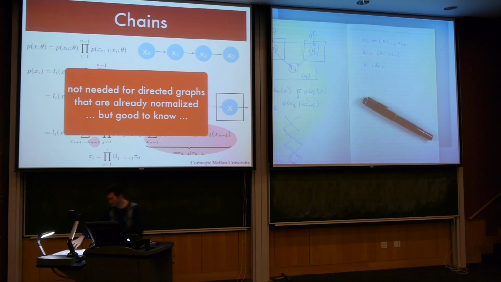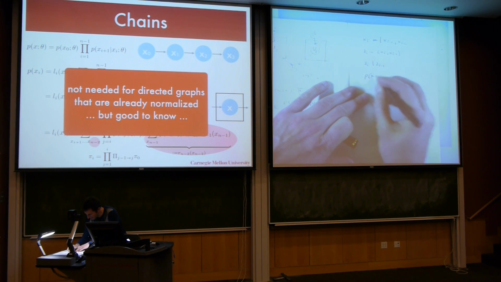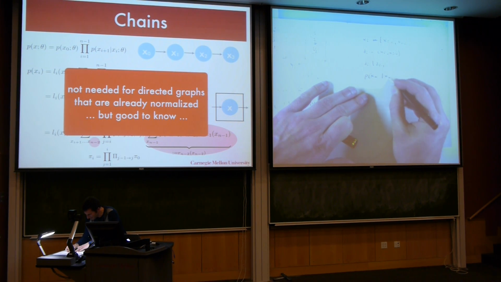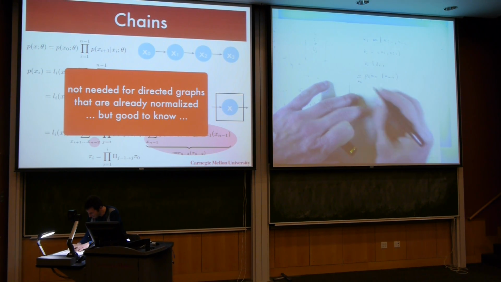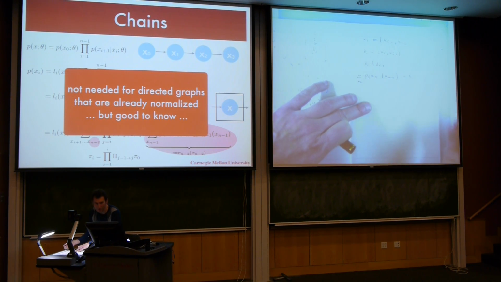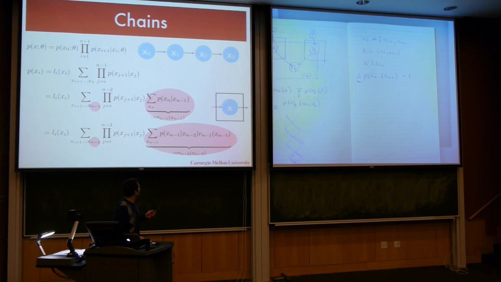So if I have p of xn given xn minus 1, then summing over xn is 1. We know that. So doing all this fancy stuff here wouldn't have helped me very much. However, there are cases when my distribution is not normalized, where doing this actually helps.